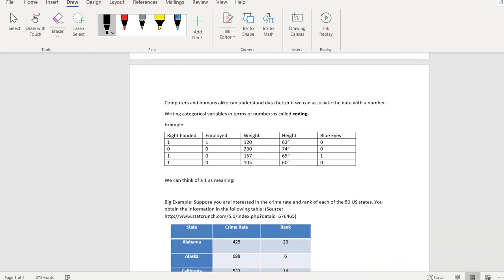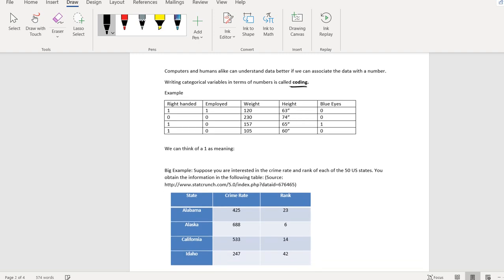Okay. Now, sometimes it's a lot easier to use numbers instead of written words, and this is called coding. So, for example, instead of writing yes or no, or if we're doing right and left-handed people, instead of writing right, left, right, right, we code it using 1, 0, 1, 1.